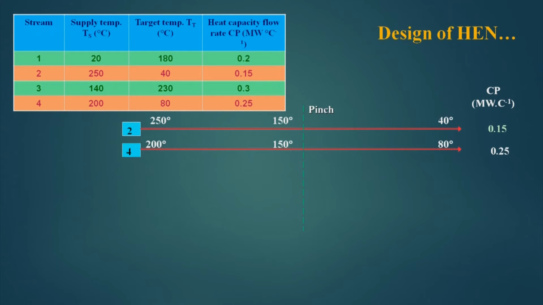This fourth stream, which is a hot stream, starts from 200 degree centigrade, goes down to 80 degree centigrade, hot pinch temperature is 150, and Cp value is 0.25.